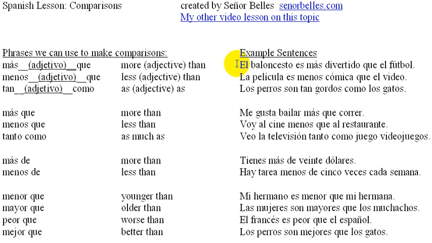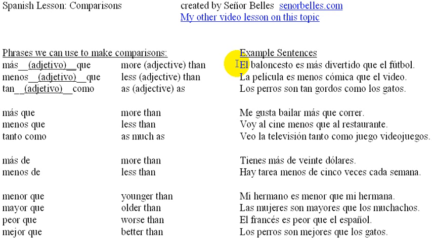Moving on further, we've got a few more things we can look at. We have menor que, which is younger than, mayor que, older than, peor que, worse than, and mejor que for better than. And some examples for each one, so let's look at those. Mi hermano es menor que mi hermana. My brother is younger than my sister. Las mujeres son mayores que los muchachos.